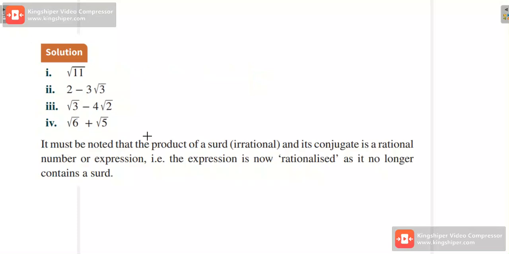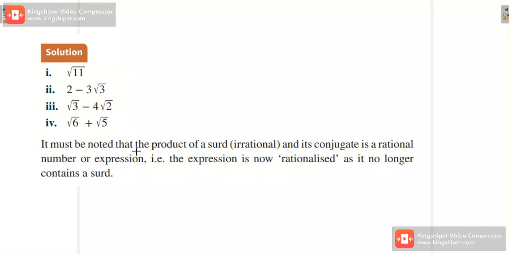You'll realize that the first one will still be root of 11. The second one will be 2 minus 3 root of 3. The third one is root of 3 minus 4 root of 2. And the fourth one is root of 6 plus root of 5.